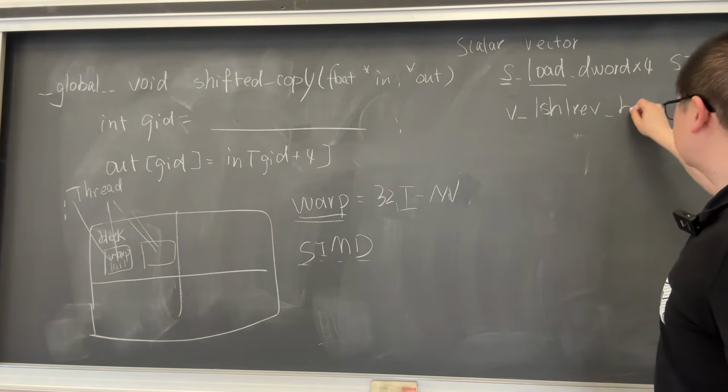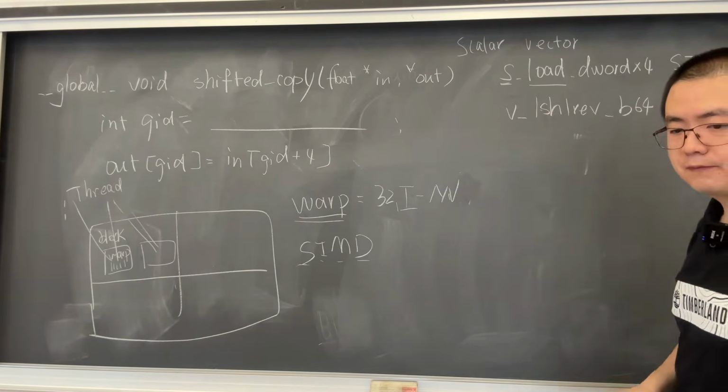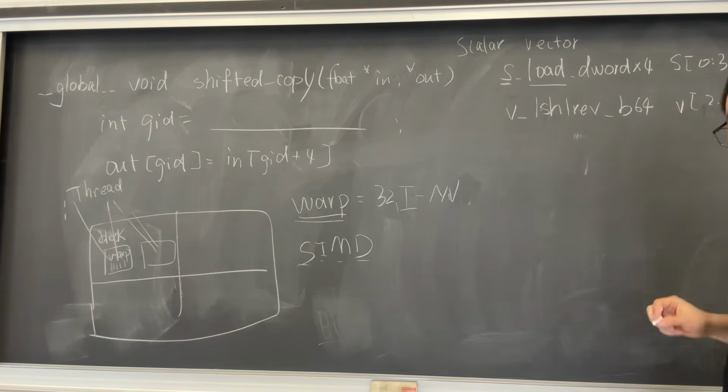Then B64, so this is a 64-bit operation, okay? Then the registers are V[2:3], 2, then V[2:3].